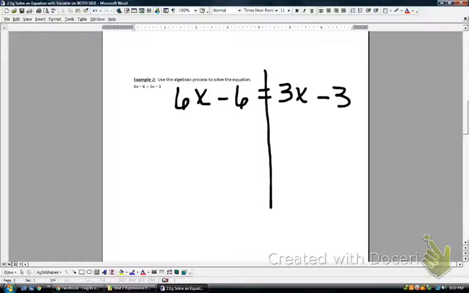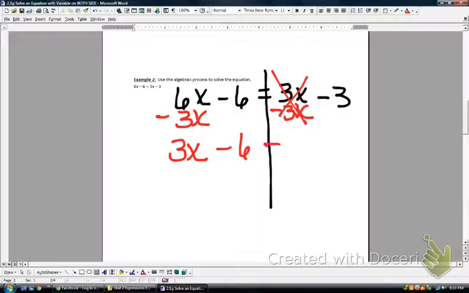So my first step is to undo this positive 3x with a negative 3x. If I do that to my sisters, I have to do that to my brothers. 3x minus 3x goes away. I'm left with 6x minus 3x. So I'm left with 3x minus 6 equals negative 3.